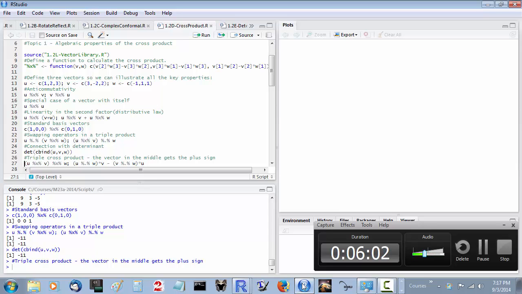It's fairly easy to remember that the result involves one factor which is something times u and one factor which is something times v. Those are the two vectors that are in parentheses. And the rule you've got to remember is the vector in the middle gets the plus sign. That works whether the parentheses are around the first two vectors or around the last two vectors.